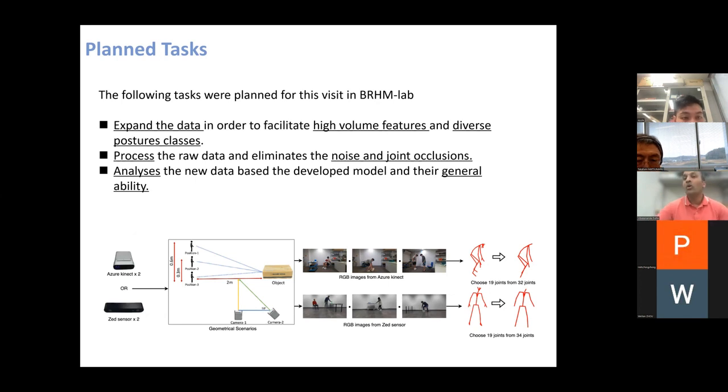We need more diverse data, more diverse kinds of postures that the model can identify and train on. The more diverse and plentiful the data, the better the result. Then we have to process it, removing joints and so on, as we did. And third, analyze the developed model on the new data and its general ability.